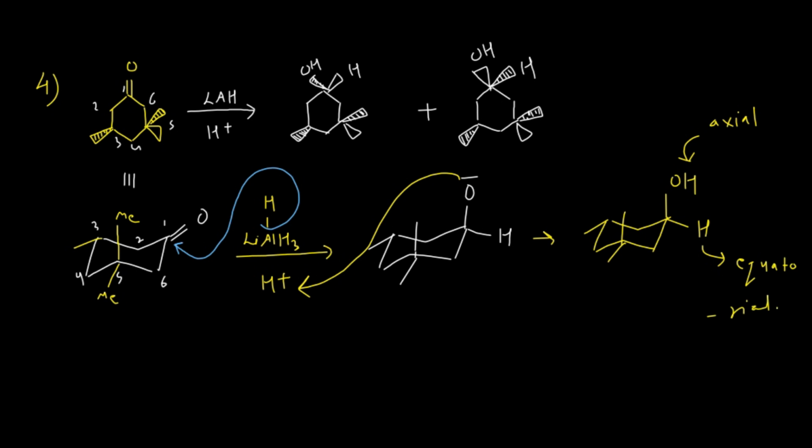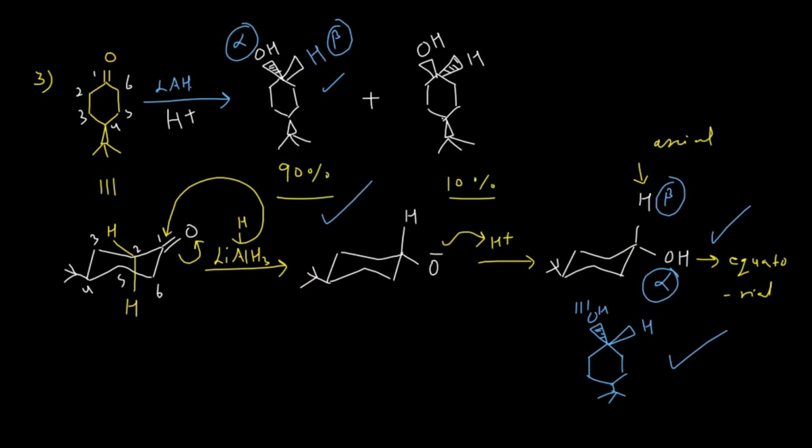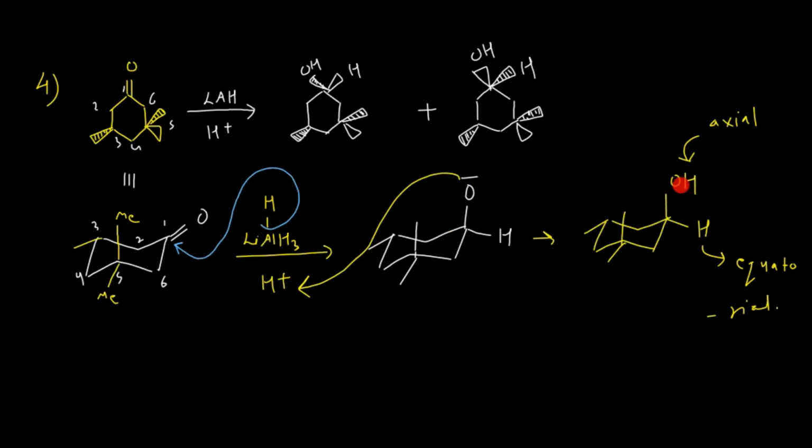In the last reaction, your alcohol was equatorial, but in this reaction your alcohol is axial. When you have the hindered ketone, your major product would be the alcohol on the axial position, OH. However, the percentage is not very high, only 55% of this you will get.